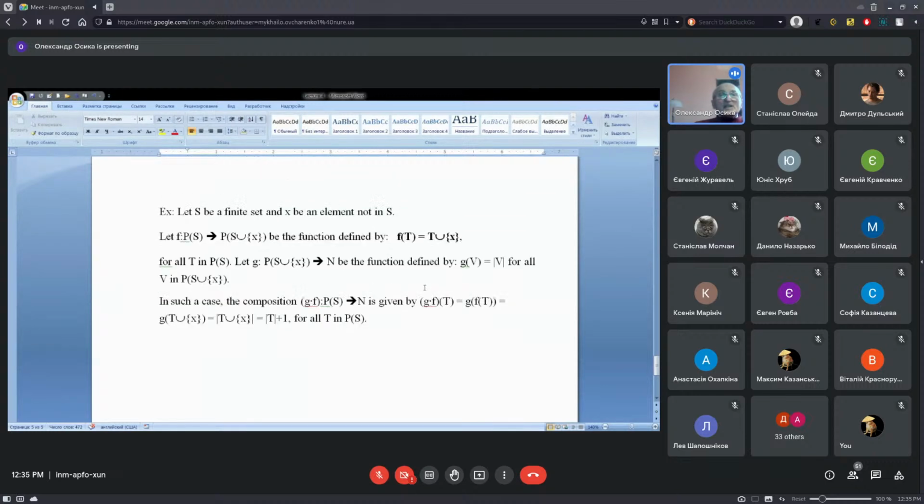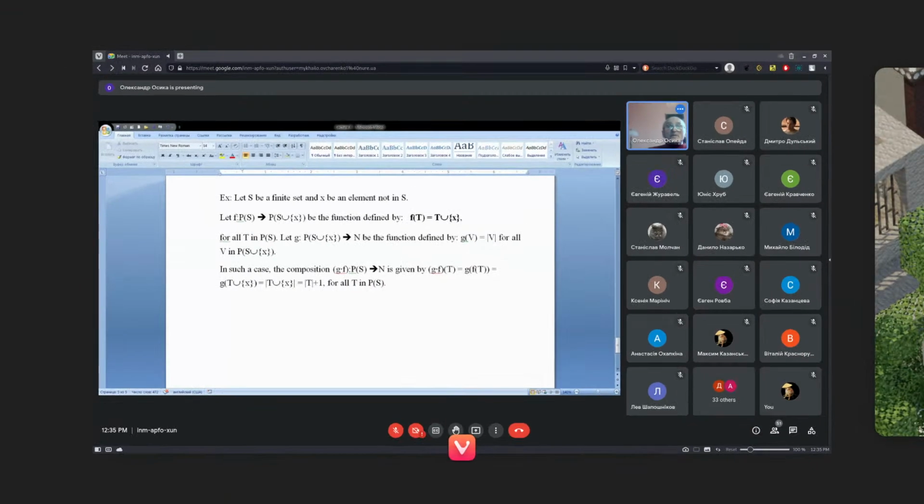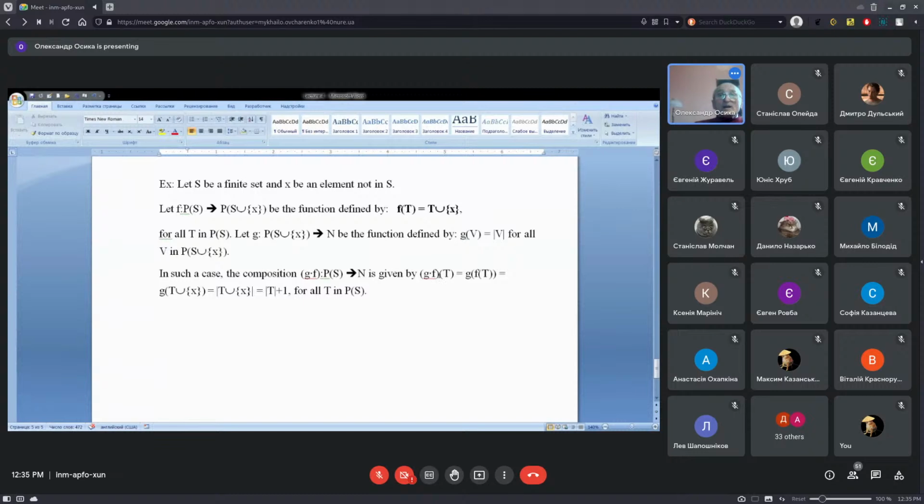In such a case, the composition G product F from the power set of S to N is given by: T product F, of some set T. What is it?